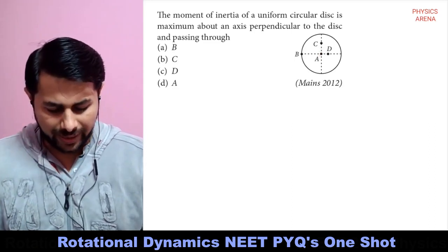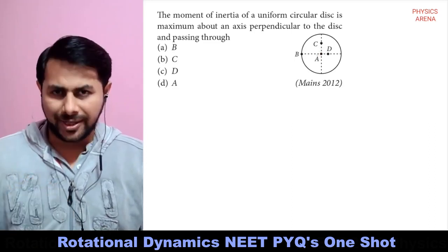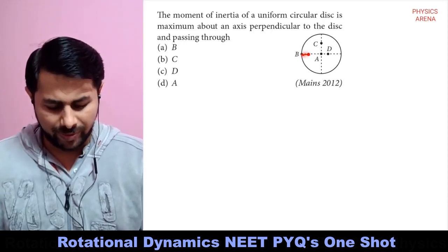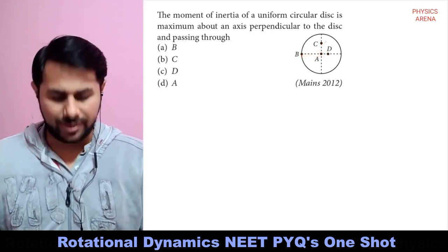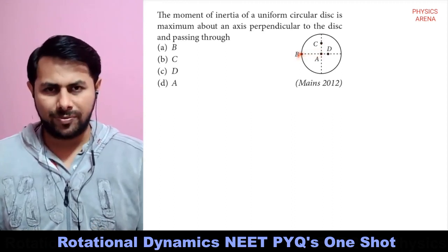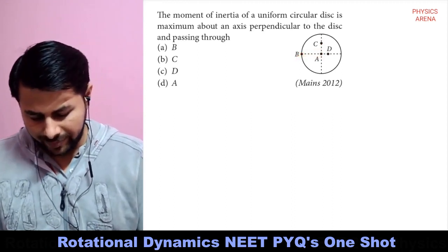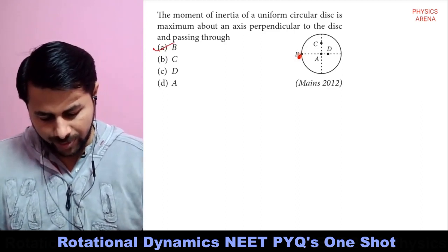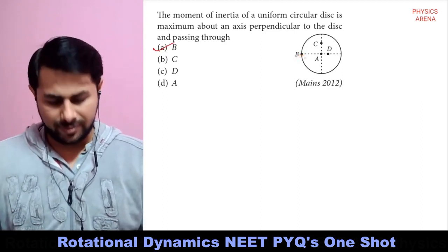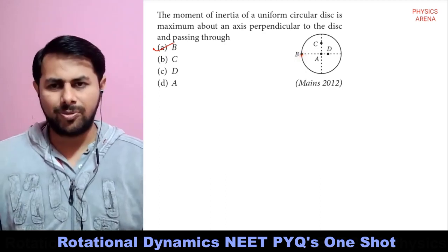And if h is more, then the moment of inertia will be more. So compared to this point and this point, the distance of this point is more, right? Therefore, the moment of inertia about an axis passing through this point would be more.